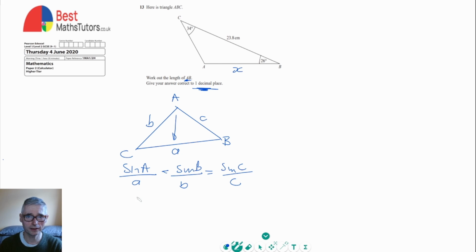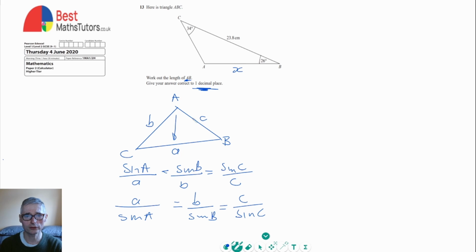If we were finding a length, we could flip them all. So we could also say that a over sine A equals b over sine B equals c over sine C.